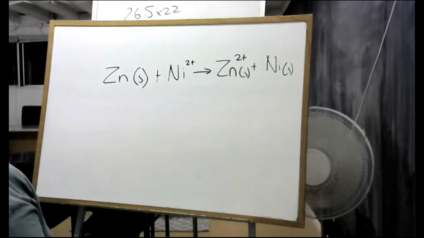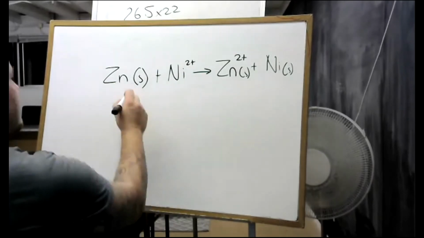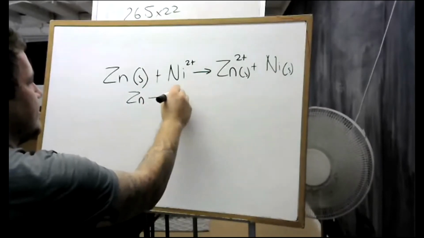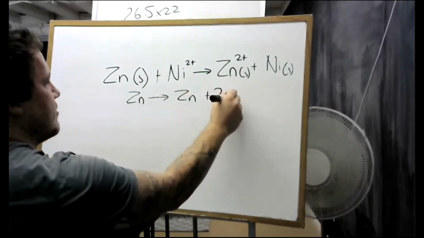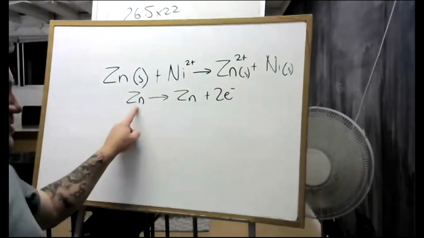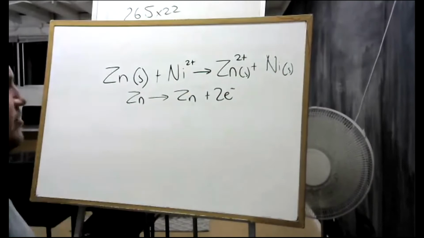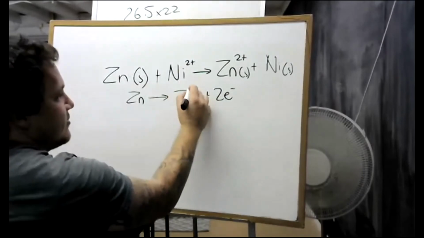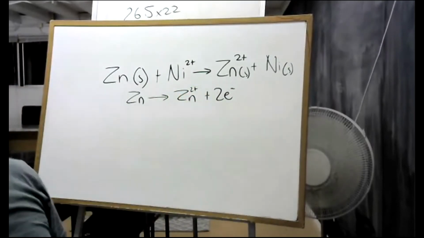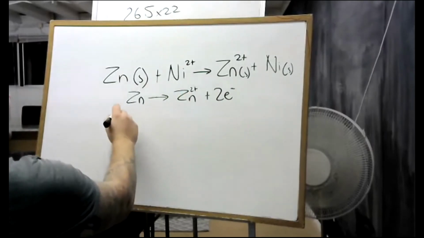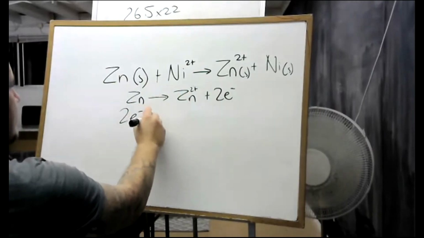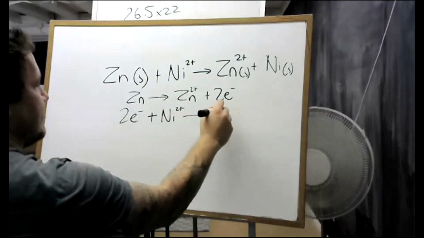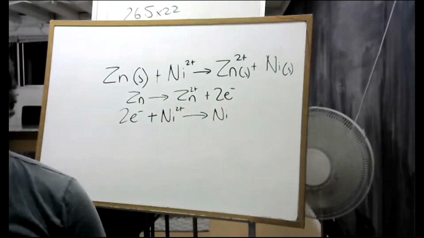So our two half reactions are zinc. This is our oxidation. So we start with zinc with a neutral charge. We take 2 electrons away and it becomes zinc 2+. On the reduction side, we have 2e minus plus Ni2+ gives us nickel. So it's just the opposite of the oxidation reaction.